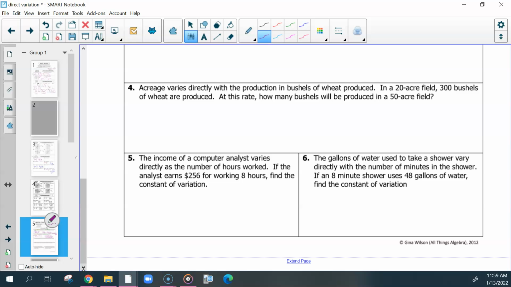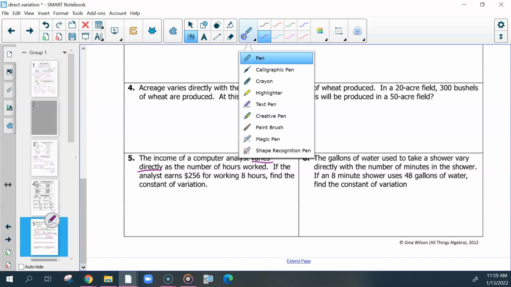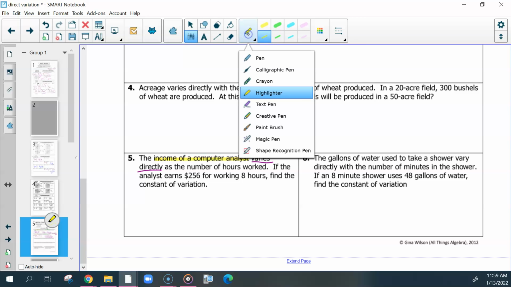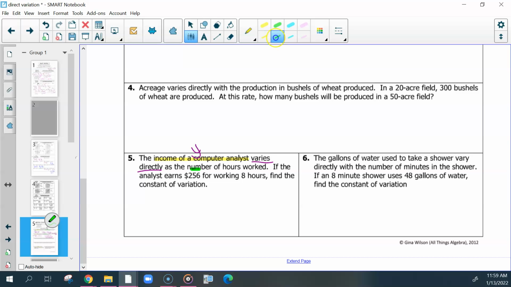So in this case, we're not looking for X or Y, we're just looking for K. Here we're varying directly, so what comes before that would be your Y, and what comes after that would still be your X. We know that K equals Y over X.